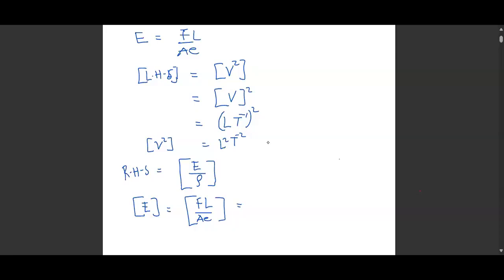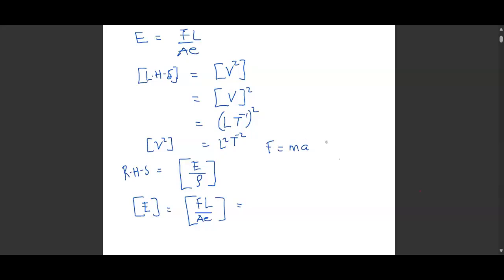Now, force is given by mass times acceleration, whereby the dimension of mass here is supposed to be capital M. For acceleration, the units are meters per second squared, whereby meters is L.